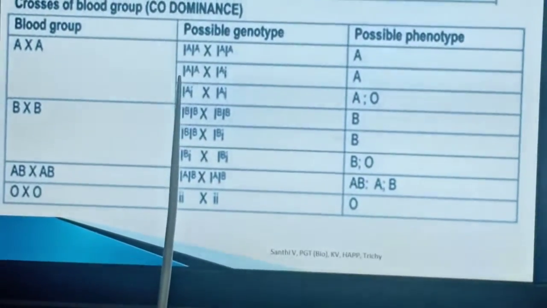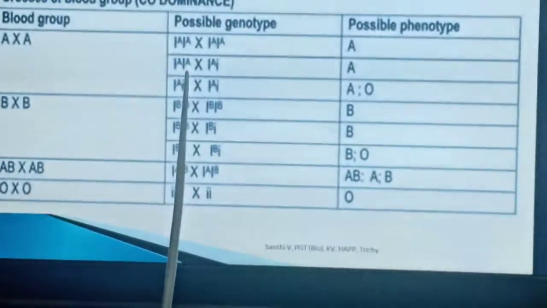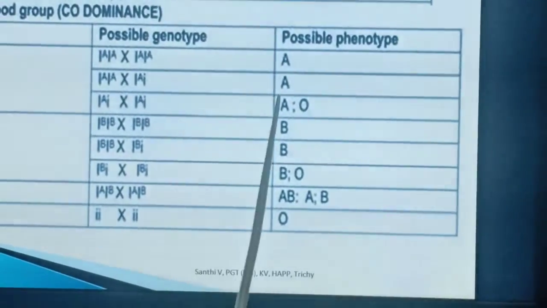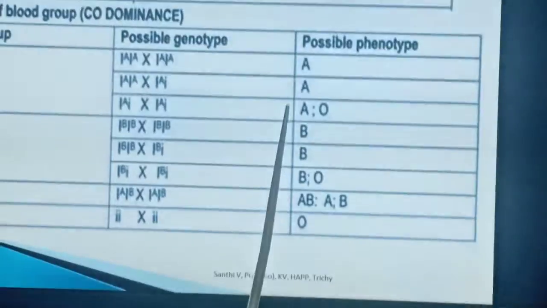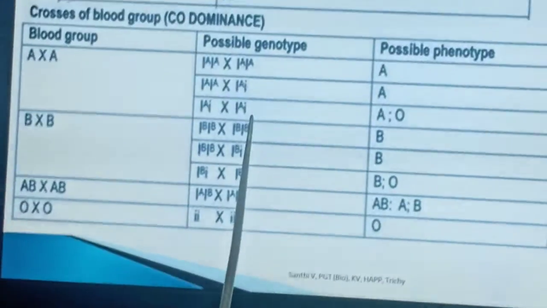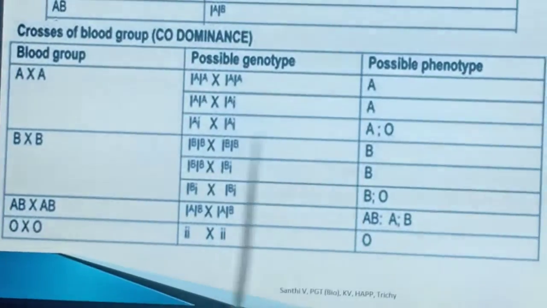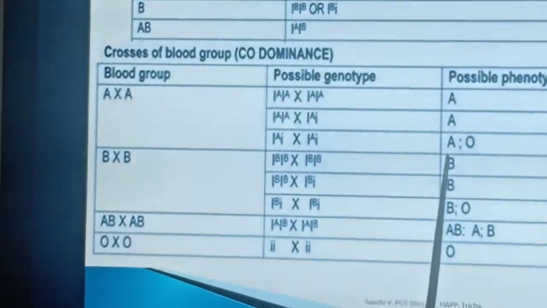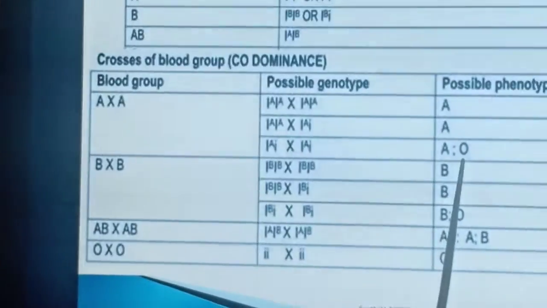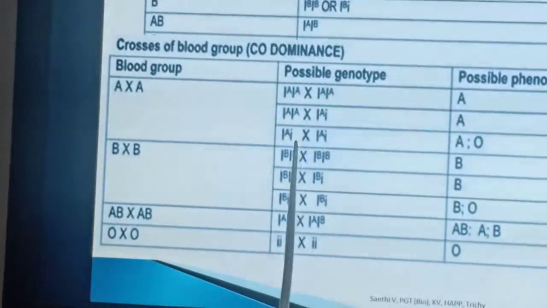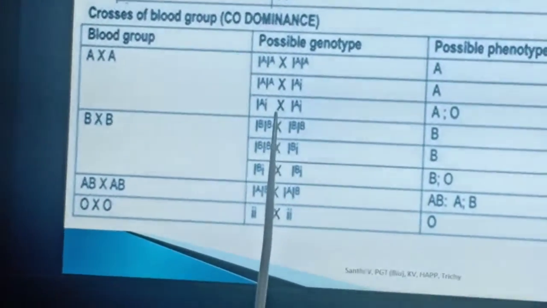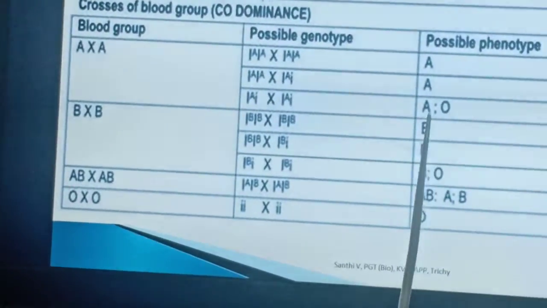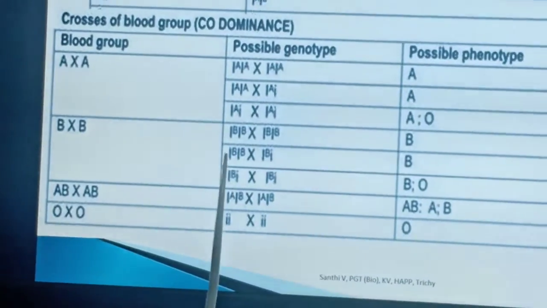When one person is IA homozygous and the other is heterozygous, once again the chance is A blood group only. If both parents are heterozygous, they can produce two types of children, either A blood group or O blood group, because when the two small i genes combine, it produces O blood group.